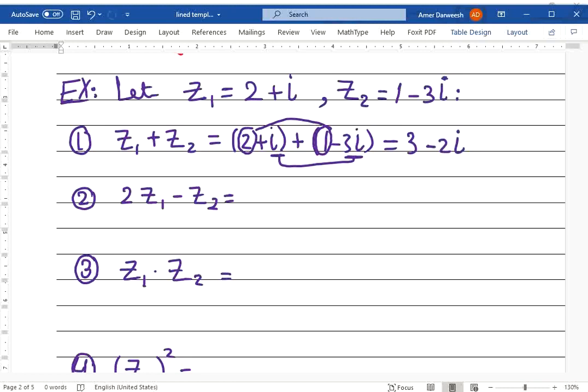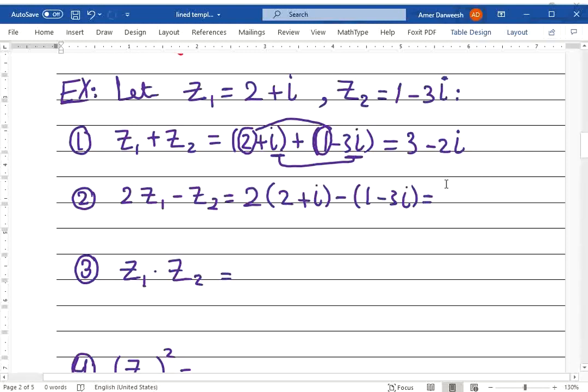Now, 2z1 minus z2, so we multiply real number 2 with 2 plus i, minus 1 minus 3i. راح نستخدم التوزيع اللي بالريال والضرب السالب اللي بالريال نفسه على الكومبلكس زي ما حكينا بالملاحظة. إذا راح يعطينا 4 plus 2i هاي الفيرست بارت. السكند بارت minus 1 plus 3i. الآن رايحين نستخدم الجمع real parts together, imaginary parts together.